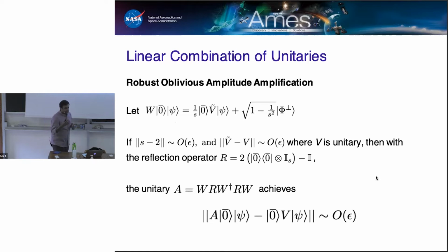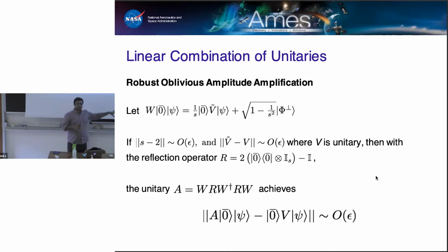Grover's algorithm, just to give you a 30-second version, goes as follows: you start off with some initial state, which has some non-zero overlap with some bit string that you want to find. You have access to an oracle that gives a phase of -1 to the chosen bit string and +1 to the others. So it's basically a reflection operator. And Grover's algorithm is basically a sequence of reflections about the chosen bit string and the initial state. If you do those enough times, you have amplified the amplitude of the chosen bit string.